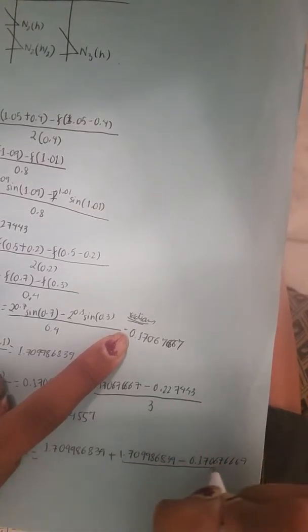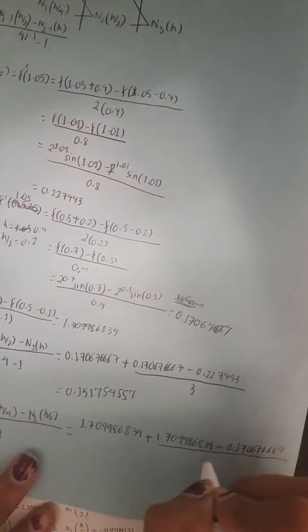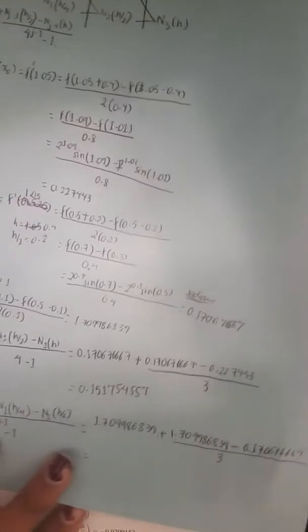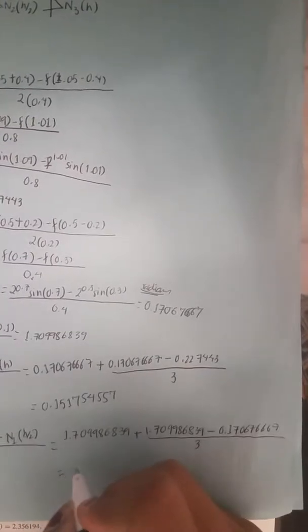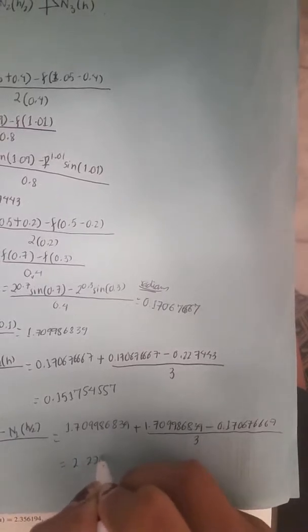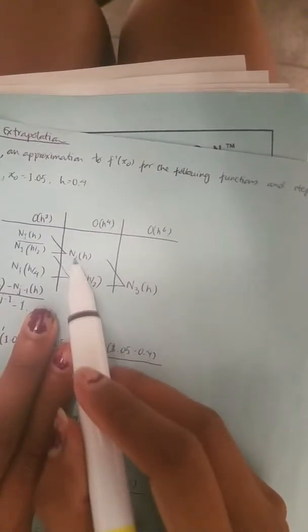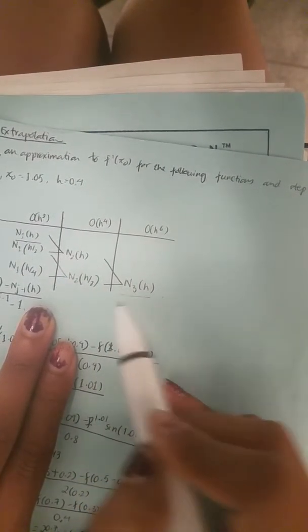The sine up there, it's confusing, you might forget. So this is divided by 3, and this will give us 2.22309023. Great.